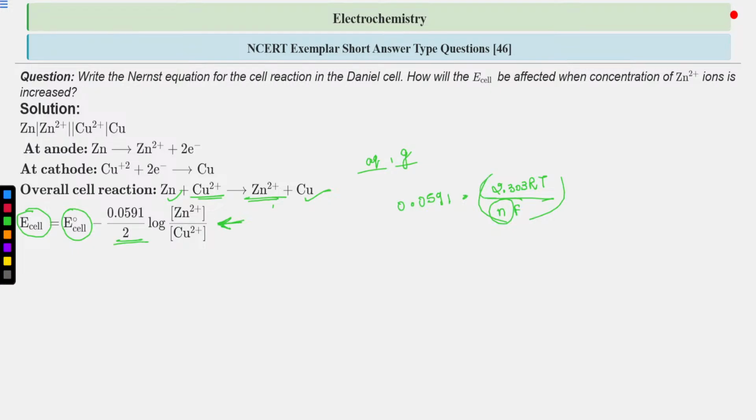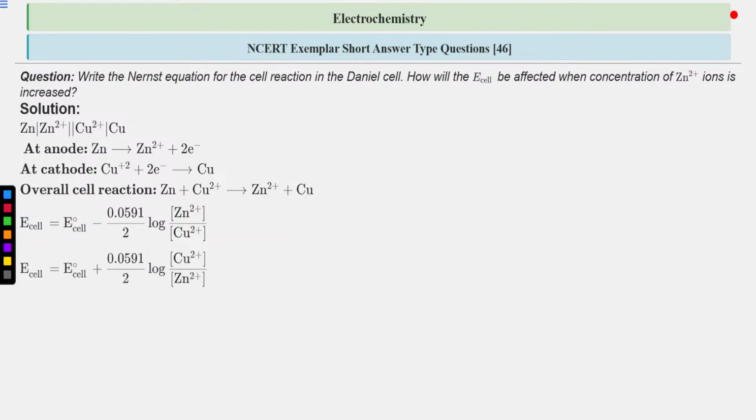This value is 0.0591, so we write it as 0.0591 by 2 log of the product divided by the reactant. Now you can also write it as E of cell equals E naught of cell plus 0.0591 by 2 log of copper 2 positive by zinc 2 positive.